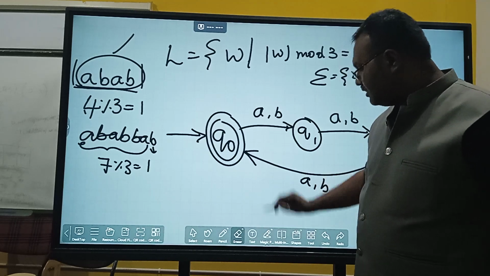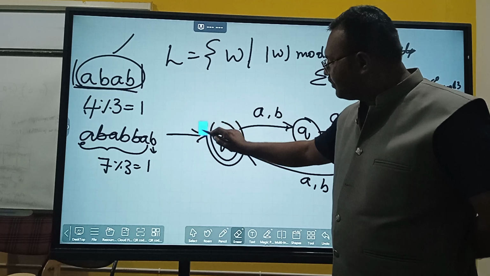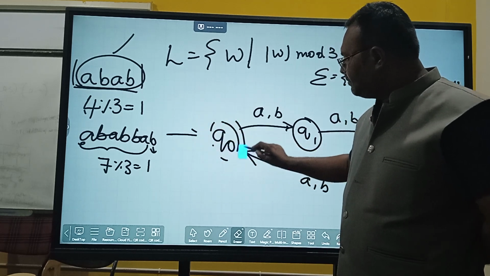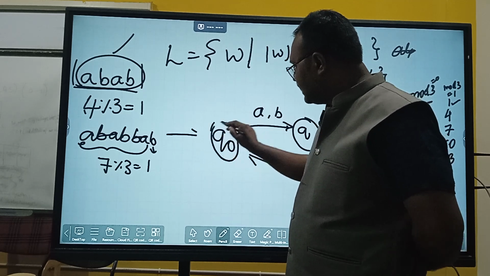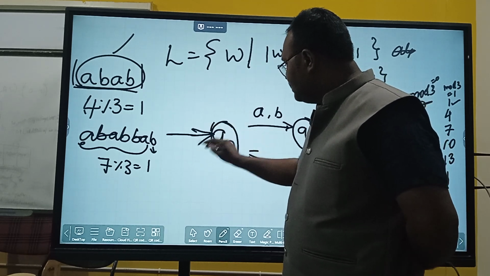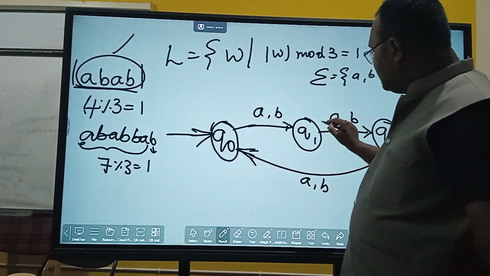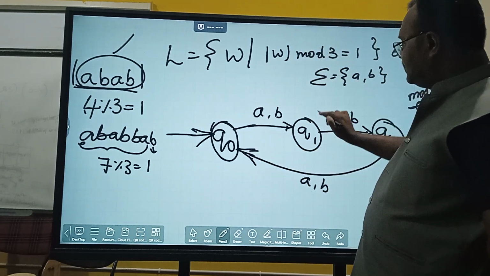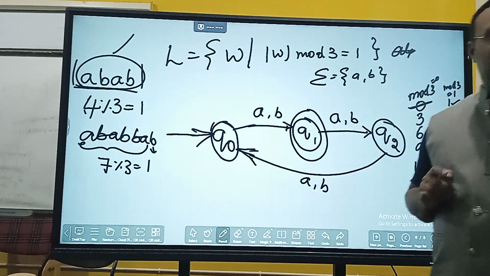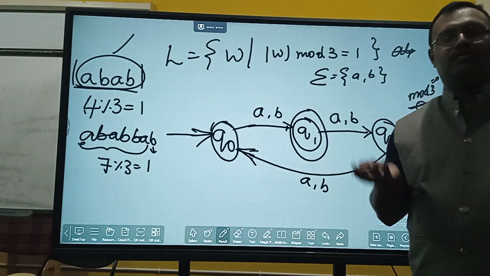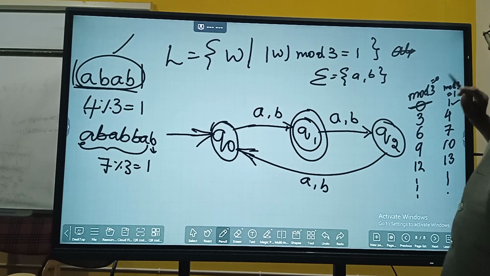So for that, I will remove the final state that I had taken in the previous problem. I'll just make it a start state. So from here to here, the transitions will remain the same, but I will shift the final state to this particular state. Now, let us quickly check whether it is accepting the length 4 or the length 1.